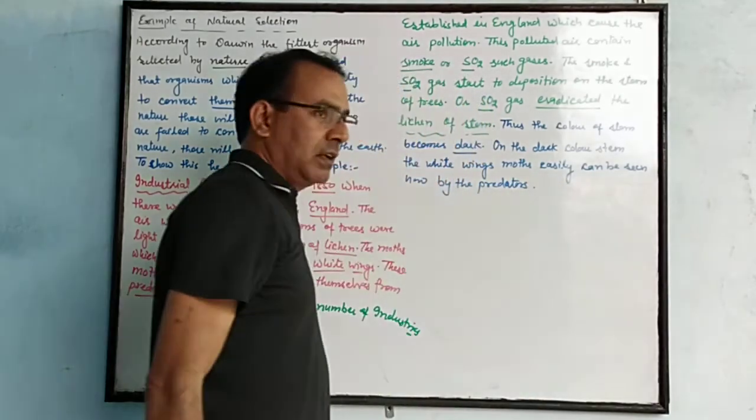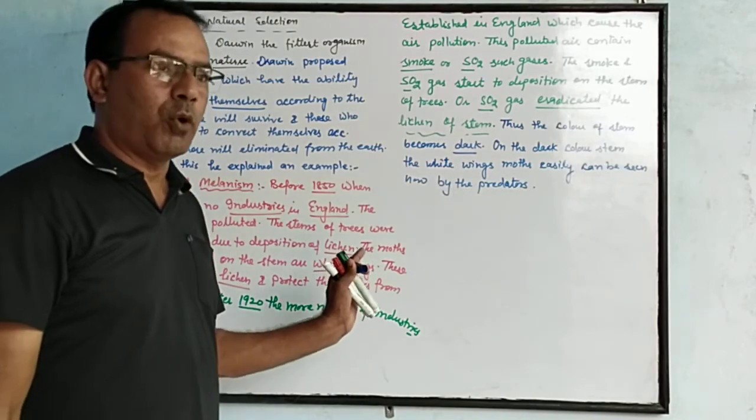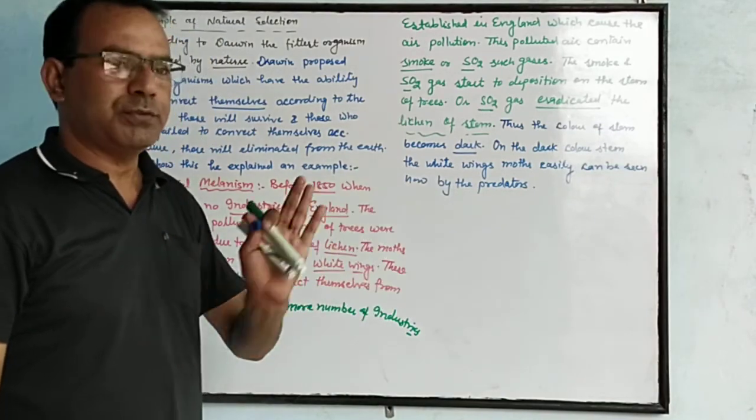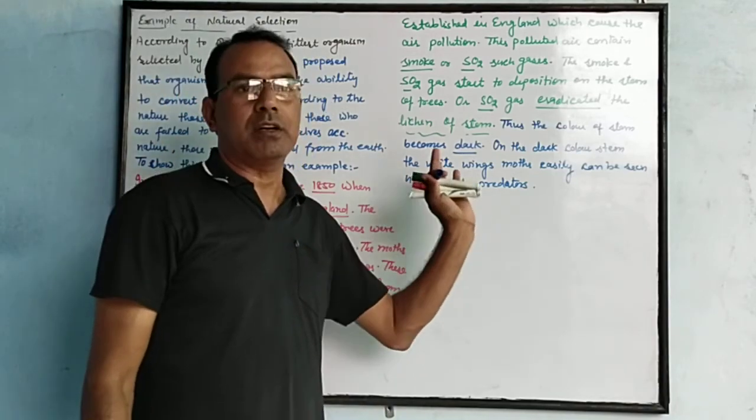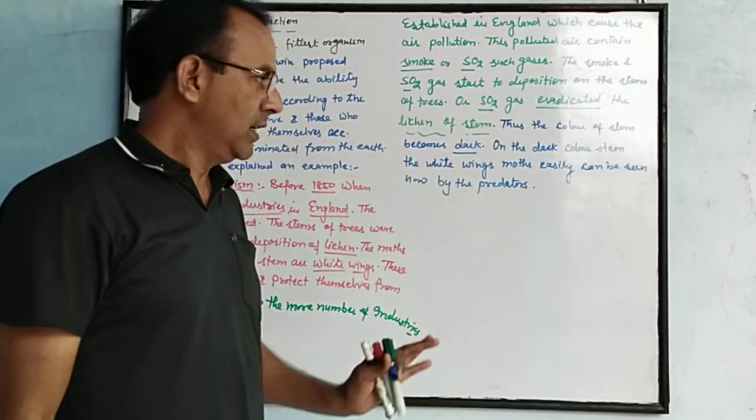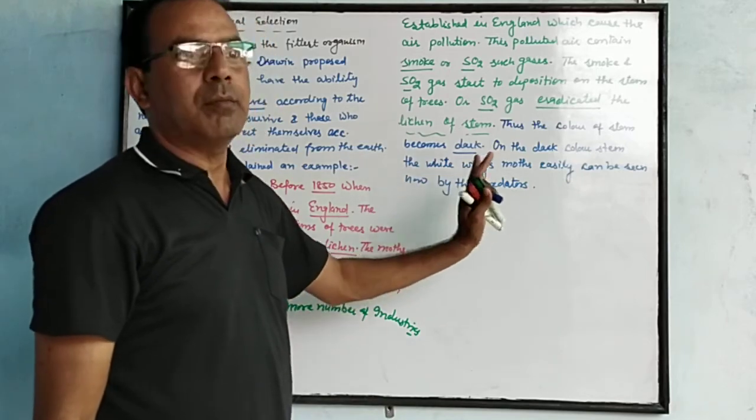This is because the lichen in which the moths could hide was fully eradicated. Thus the white-winged moths can easily be seen on the dark-colored stem by the predators, and the predators eliminate the moths.